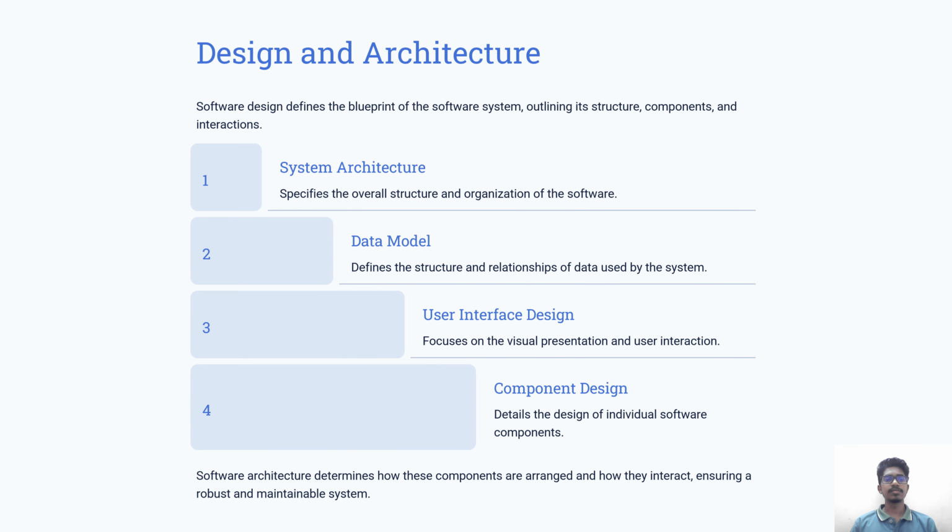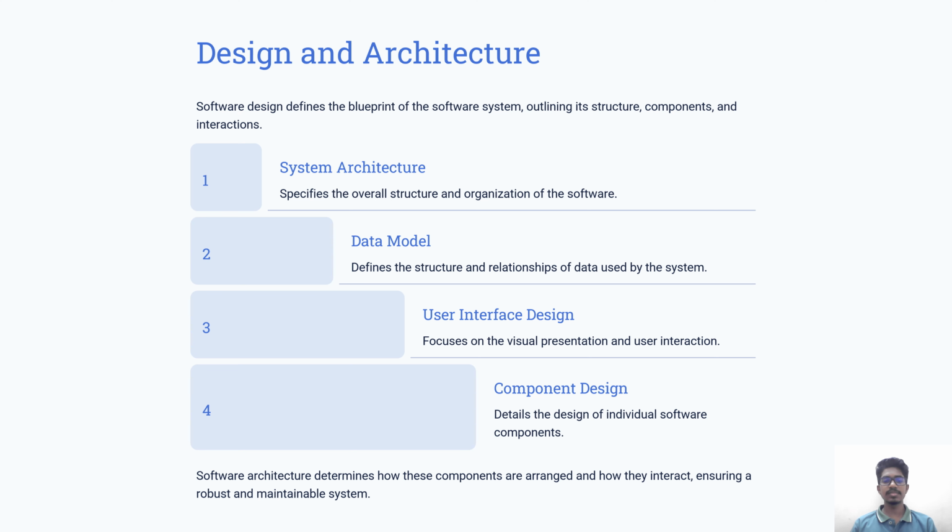Design and architecture. The software design defines the blueprint of the software system, outlining its structure, components, and interactions, which follows as below. The system architecture specifies the overall structure and organization of the software. Data model, which defines the structure and relationships of data used by the system.